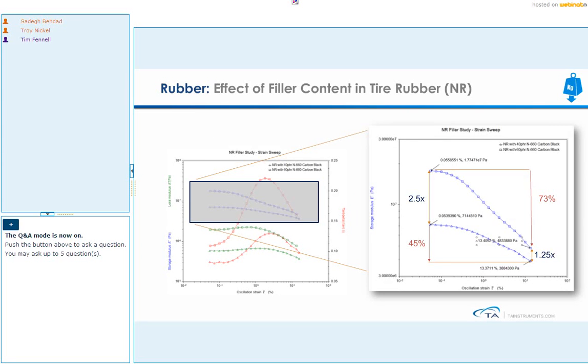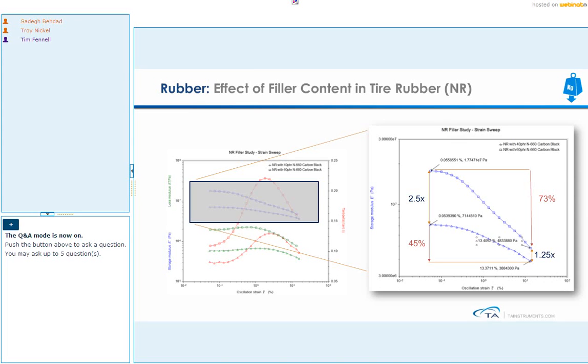Looking at the data here, you can see that there is a zoom in of the graph that we saw before. You can see that in the high filler content material, we started with a higher modulus, but as we went to higher strains, its drop was more compared to low filler content. So we start at 2.5 times more modulus, but when we increase the strain to above 10%, you see that the difference is almost halved here.